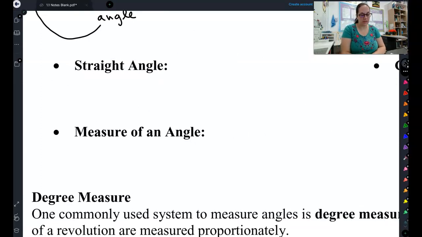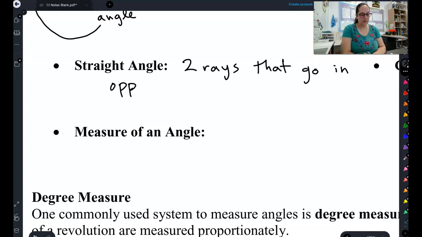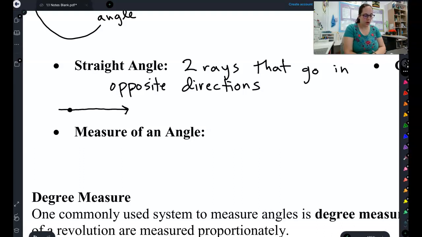First, we have a straight angle. A straight angle is two rays that go in opposite directions. So I have two rays, they go in opposite directions. That's what we call a straight angle. And you probably already know, the measurement of that angle is 180 degrees, which is something else we'll talk about today.